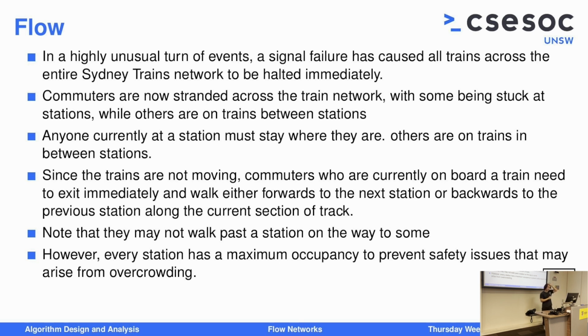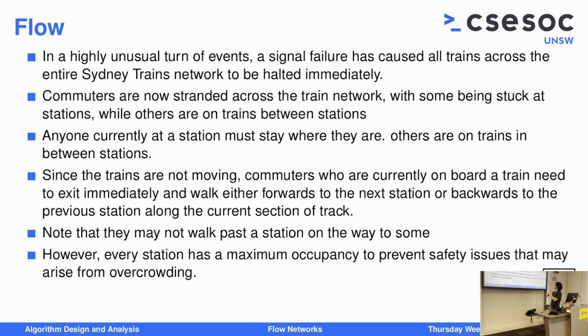Since the trains are not moving, commuters who are currently on board a train need to exit immediately and walk either forwards to the next station or backwards to the previous station along the current section of track. Note that they may not walk past a station on the way to some other station; they have to go to the next station.